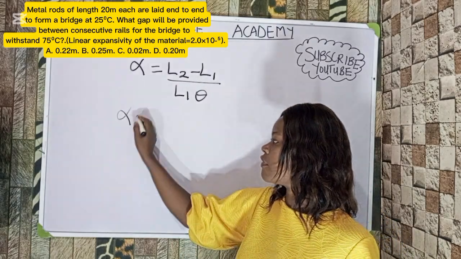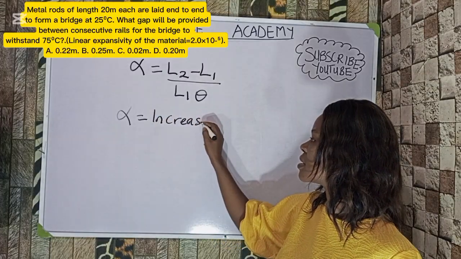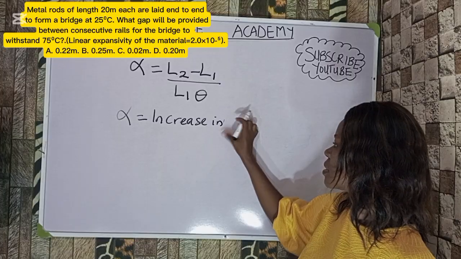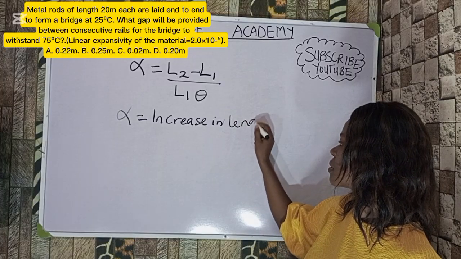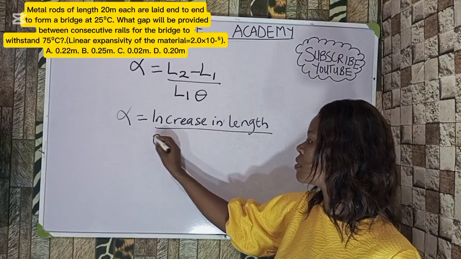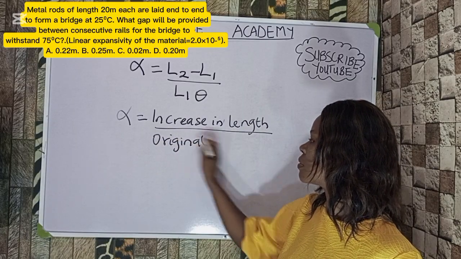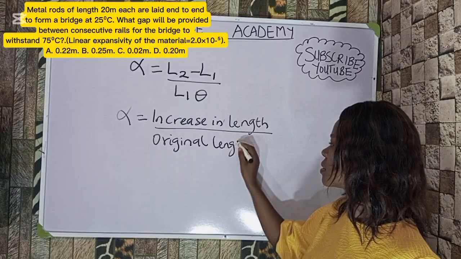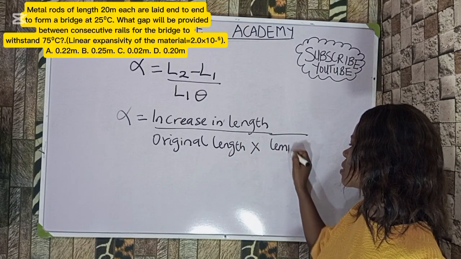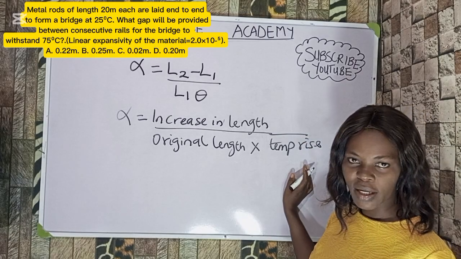That is, alpha is equal to increase in length all over original length times temperature rise. Do you get it now?